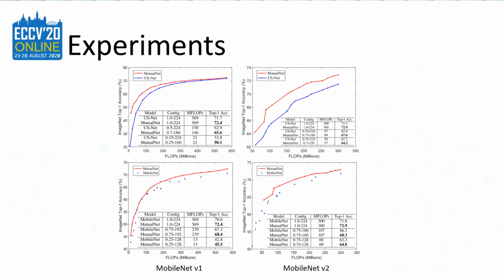We also show that MutualNet outperforms independently trained models under the same width-resolution configuration, even when this configuration is not the best configuration MutualNet found at that constraint. This illustrates that the multi-scale representation can benefit all configurations.